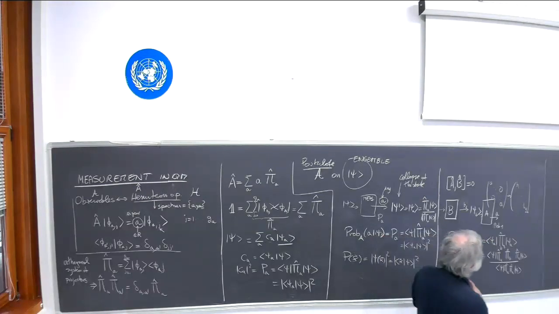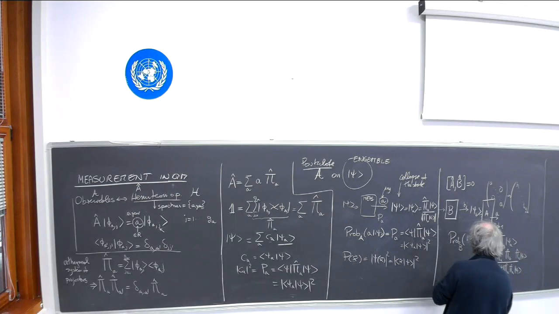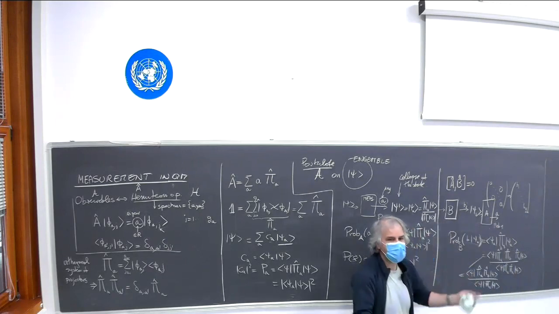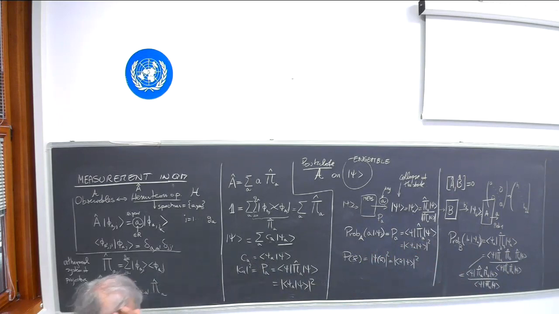So what I get is essentially psi, the projector on A, the projector on B, psi, divided by psi, projector A, psi. It's a similar formula to the previous one.